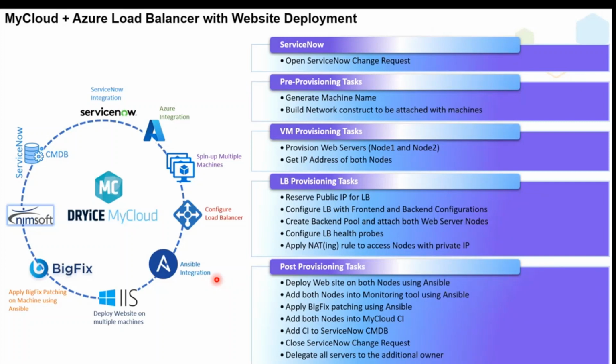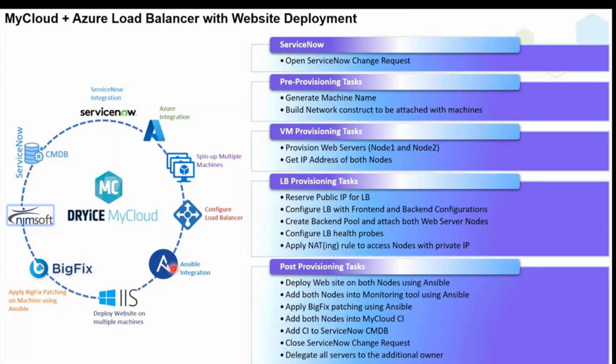We will have some playbooks created, which will perform some post-provisioning activities and tasks on the VMs that we are provisioning. We will deploy an IIS website on both the machines, leveraging Ansible. And also leveraging Ansible, we will be invoking BigFix to perform build time patching on both the machines.